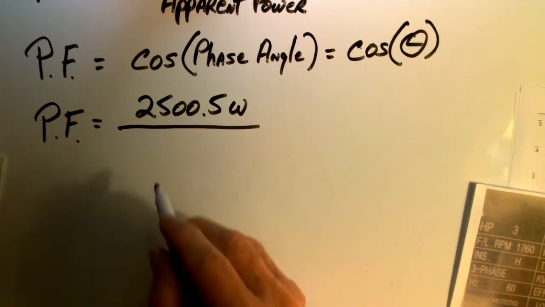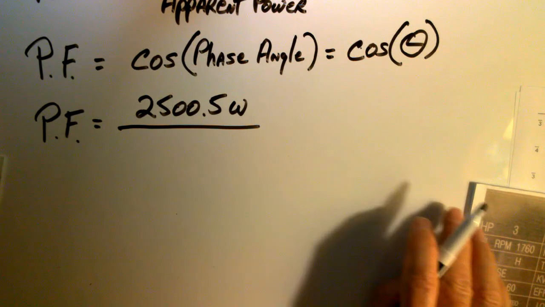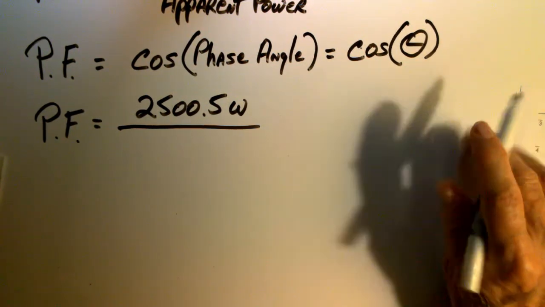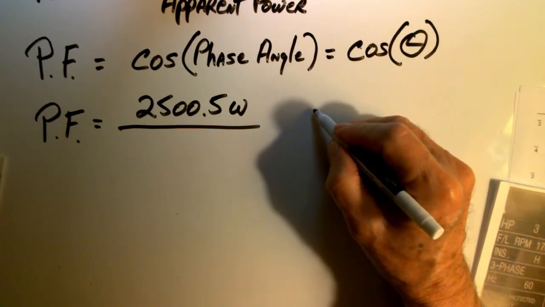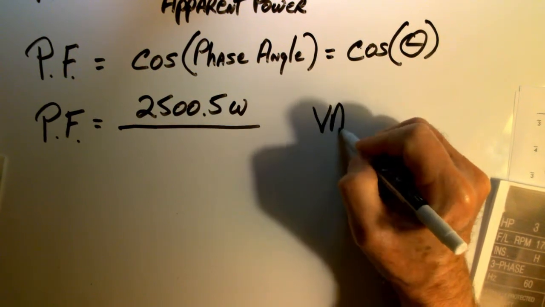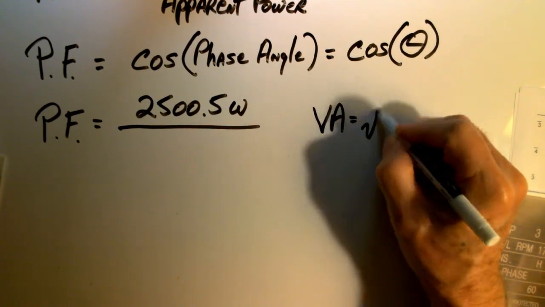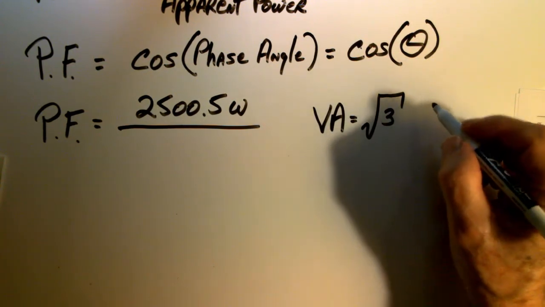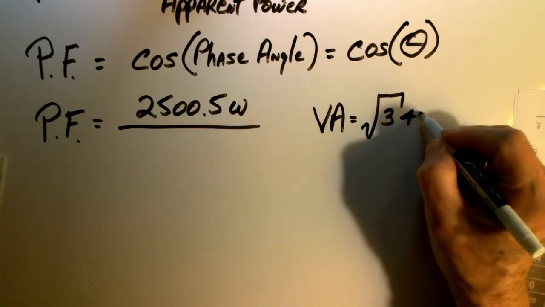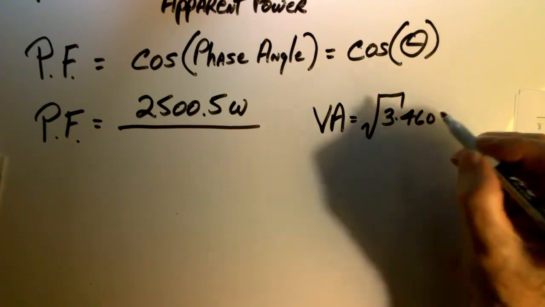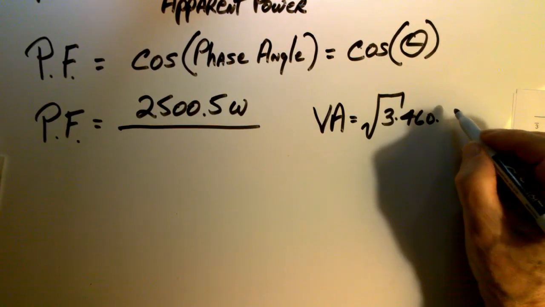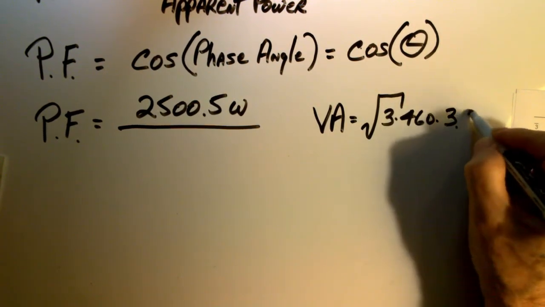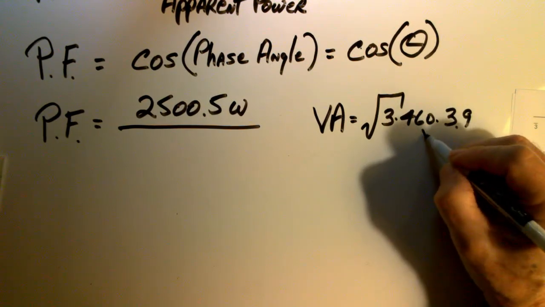So I need my apparent power. How much room do I have here? My voltamperes will be equal to the square root of 3. Let's use 460 volts. I'm multiplying here, times 3.9 amps.